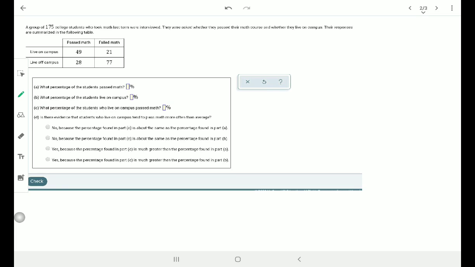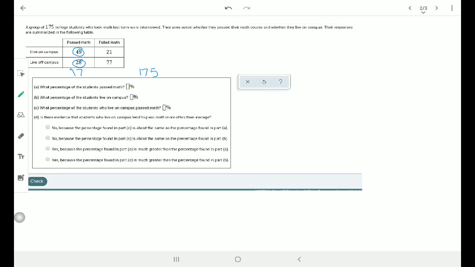Part A says, what percent of students passed math? So out of all of the students, which is 175, how many passed math? Well, we know that 49 who lived on campus passed math, and 28 who lived off campus passed math. So if we add those 2 together, that will give us our total that passed math, which is 77.